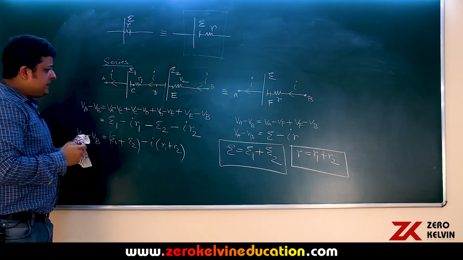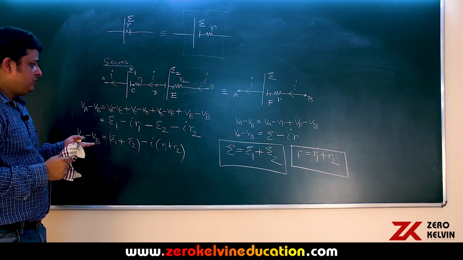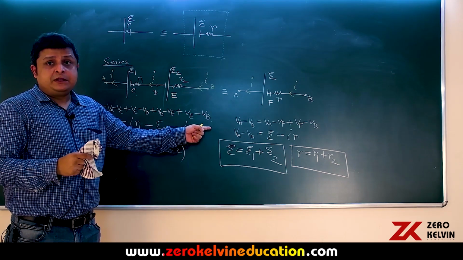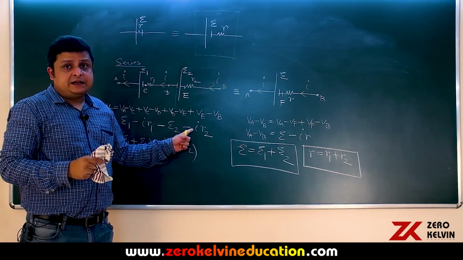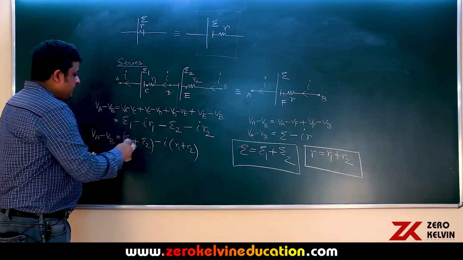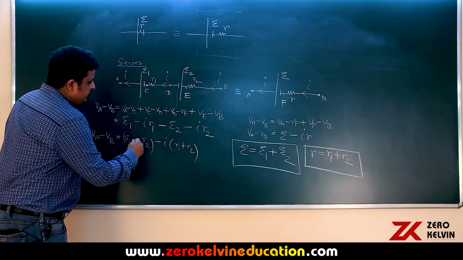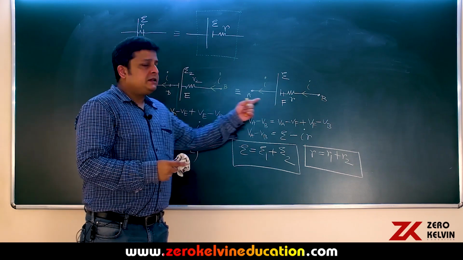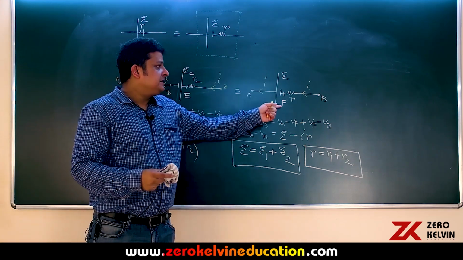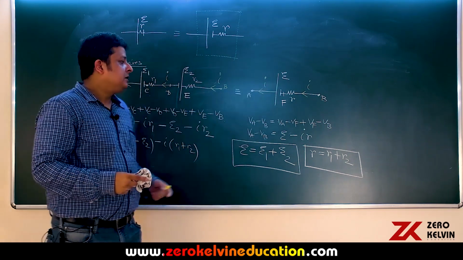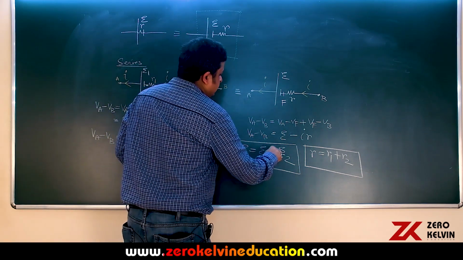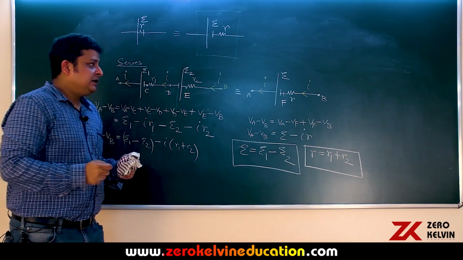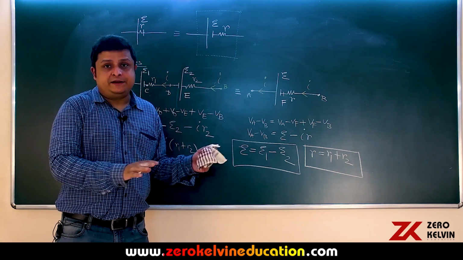Will you have any other sign changes? No, not really. VE minus VB remains minus I times R2. So, the sign will change only here, and for the equivalent circuit, the equivalent cell resistance will have the same formula. So, only one thing will change: E1 minus E2, and resistances will be added, right.